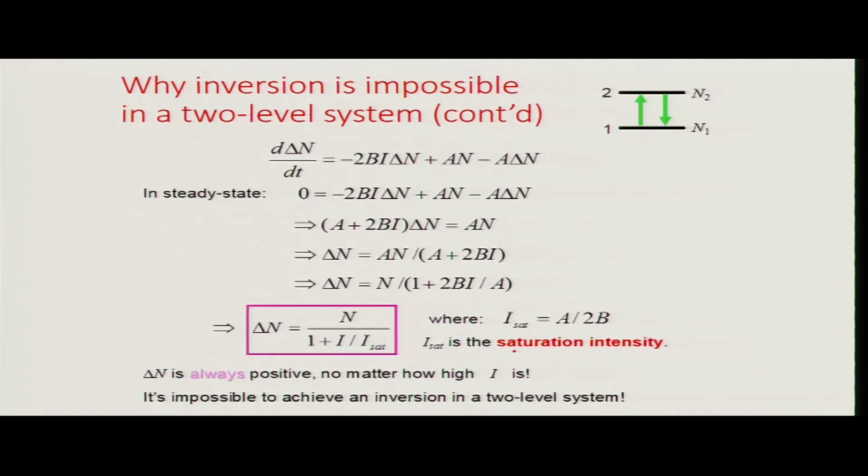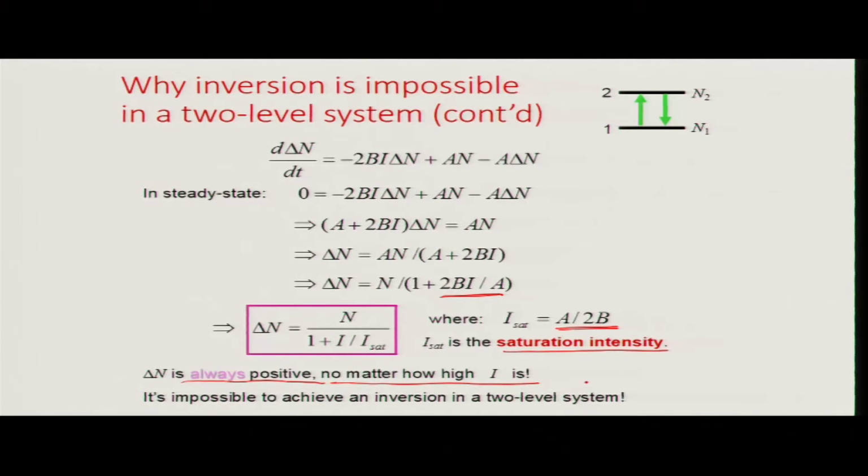Now, I saturation is defined as the ratio of A to half of the ratio of A to B. In this case what we notice is delta n is always going to be positive no matter how high the value of I is going to be.